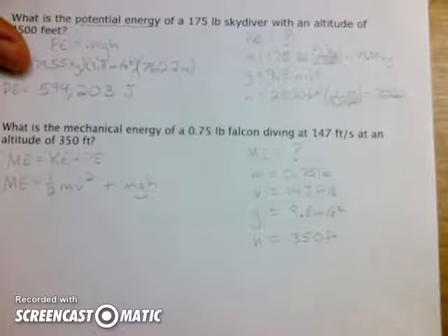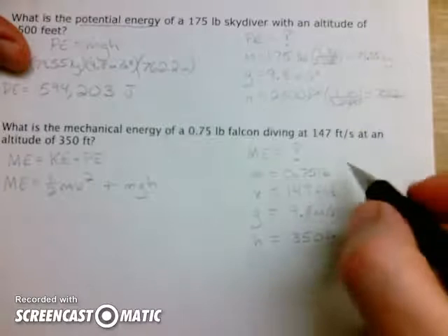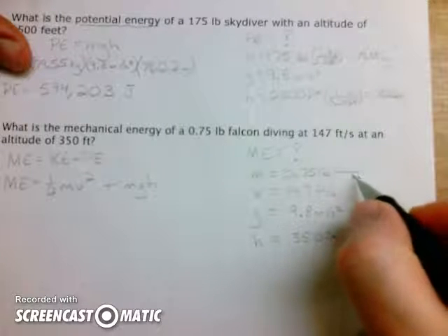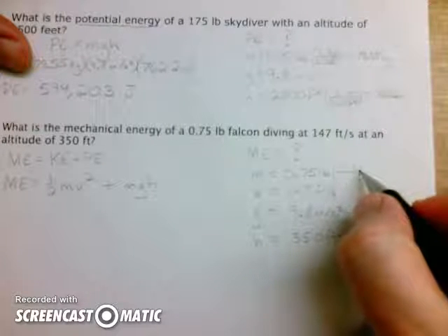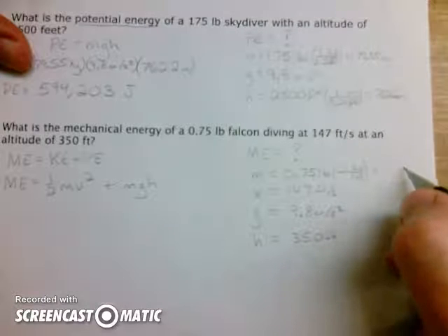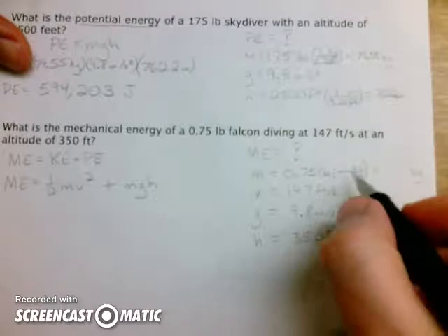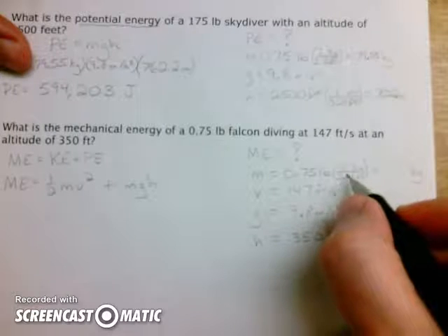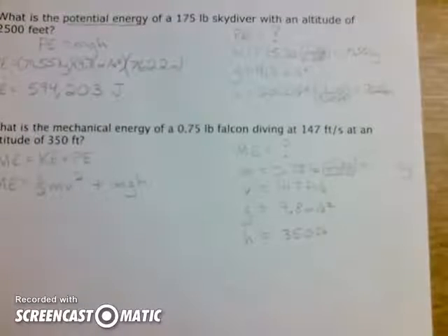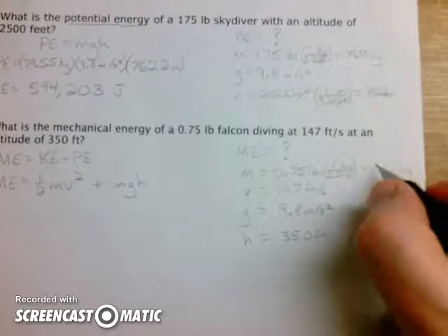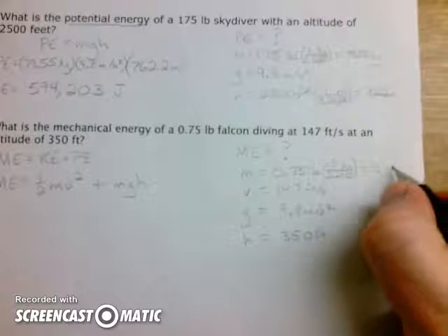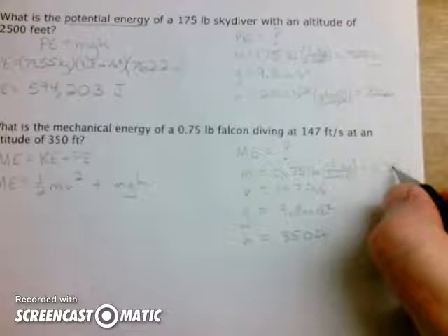Let's go ahead and convert pounds to kilograms. Pounds on the bottom, kilograms on top. That's how we do our one-step conversions. 1 kilogram is 2.2 pounds, so take this 0.75, divide by 2.2, and we'll get 0.34. That's our falcon's mass.